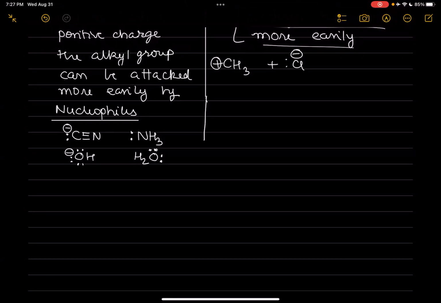Can you give me more examples of nucleophiles which we will study in this chapter? Anushka, Arpit, Imad, you can try. Any more examples?